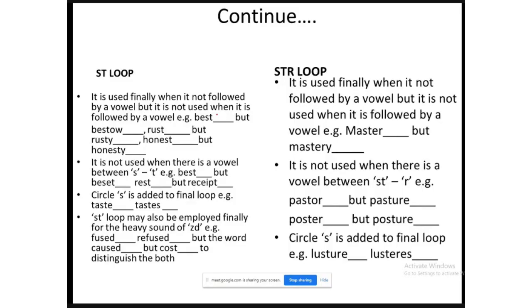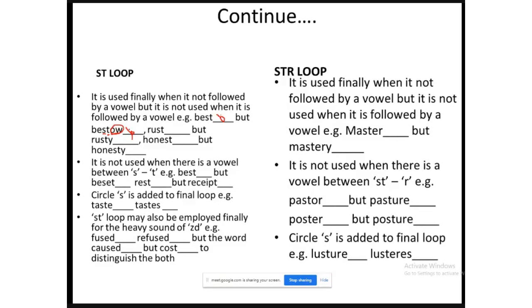First example is best. There is no vowel at the end. But besto: in this case, there is a vowel O. Then we have to use B stroke, S circle, T stroke, and we have to place the vowel O. Besto.